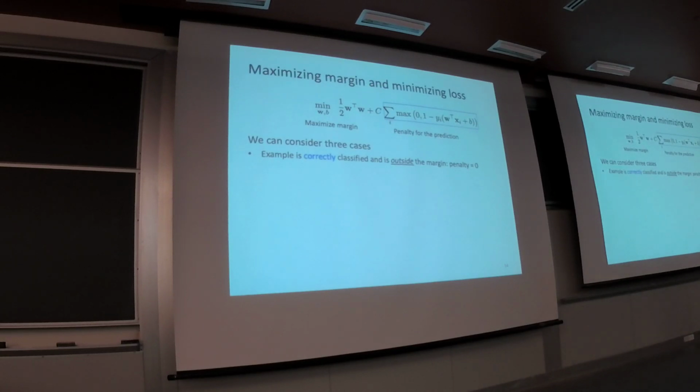What if we reward, instead of setting it to 0, if it was super outside the margin, would we want to reward that? Well, that's a good question. You can come up with your own objective function to see if that works. But for this soft SVM formulation, there is no reward.